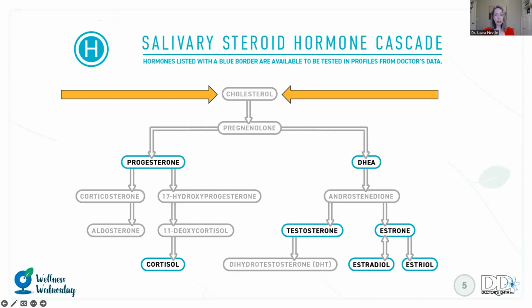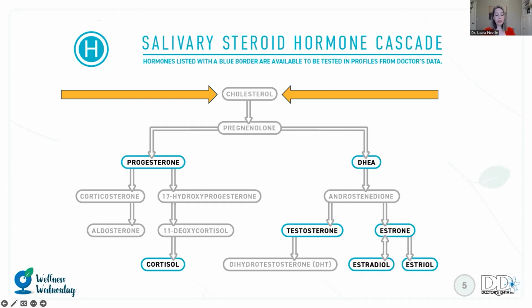And this is an important concept because urine and serum are aqueous substances. They are mostly watery substances. And so because these steroid hormones are hydrophobic, when they're in these watery environments, they have to be bound to a carrier protein or they have to be conjugated, which we'll talk about a little bit when we get into the urine testing.